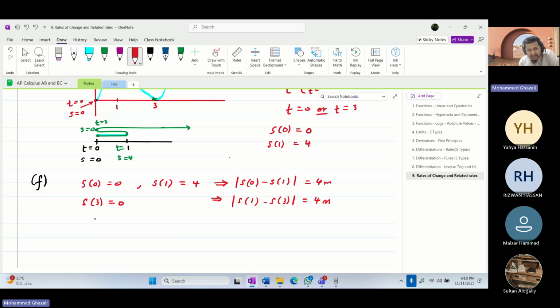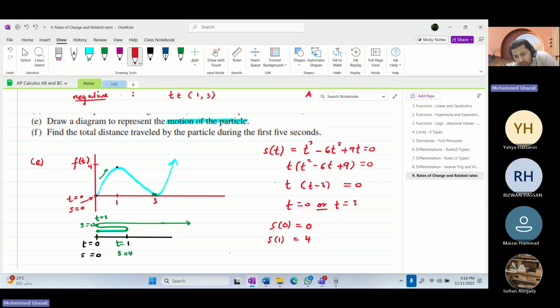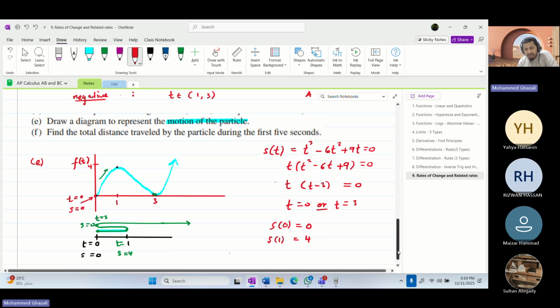And then after 3 it's changing direction again. So we're going to find S of 5. If you put 5 in the original function, what do you get? 5 cubed is 125, minus 6 times 5 squared is 150, plus 9 times 5. Do you get 20? Yes.